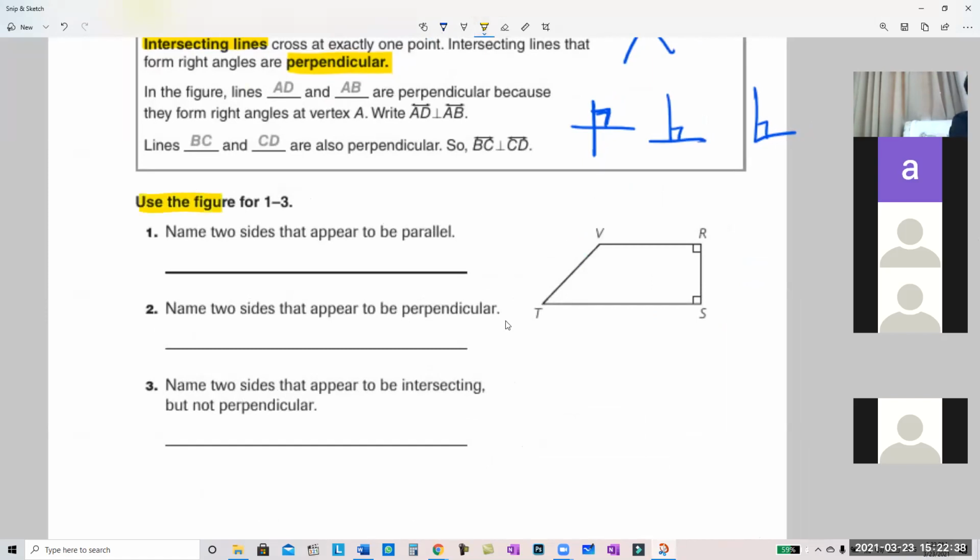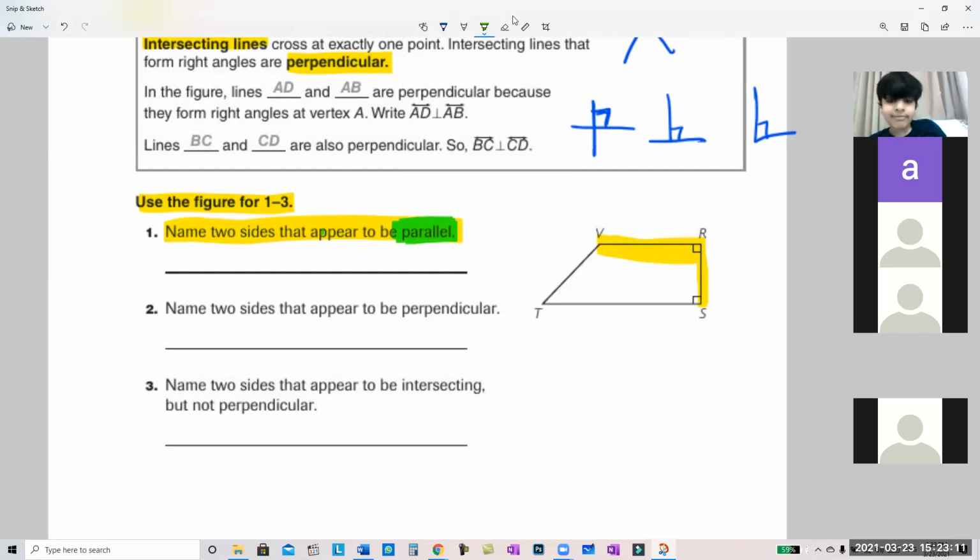Use the figure for questions 1 to 3, okay? Find two sides that appear to be parallel. So can you give me two sides that appear to be parallel here? RS and VR. Okay, RS and VR. I'm asking for parallel.